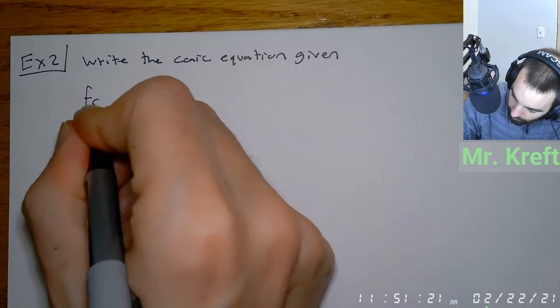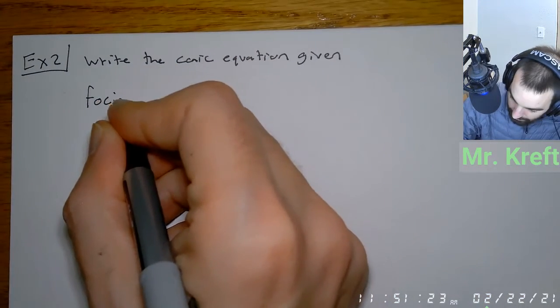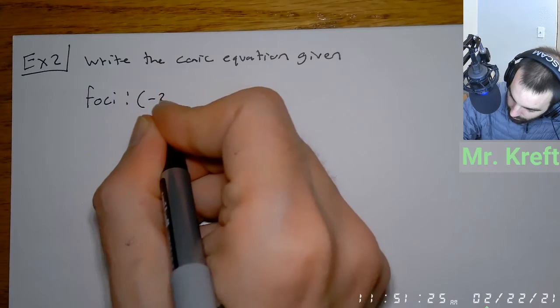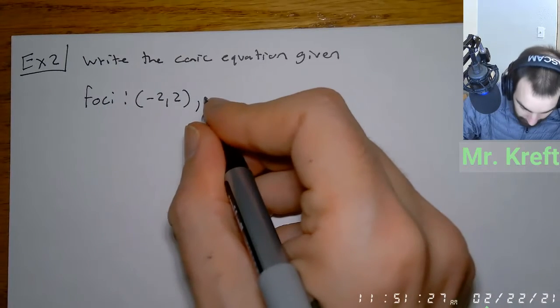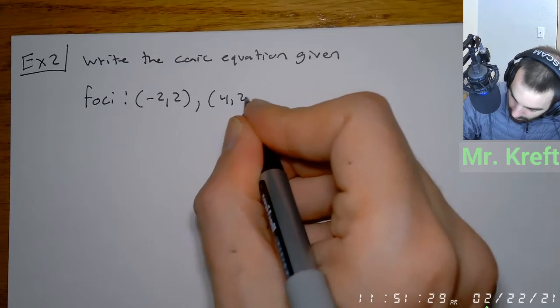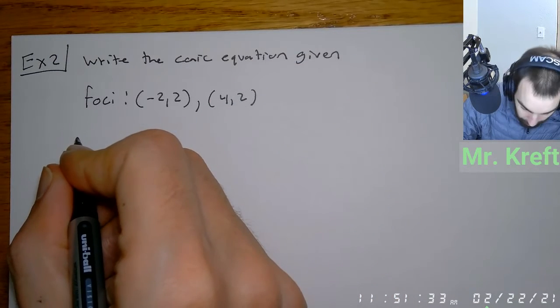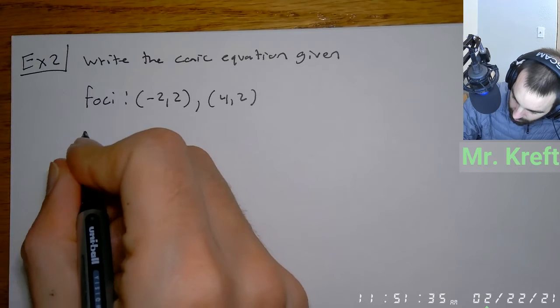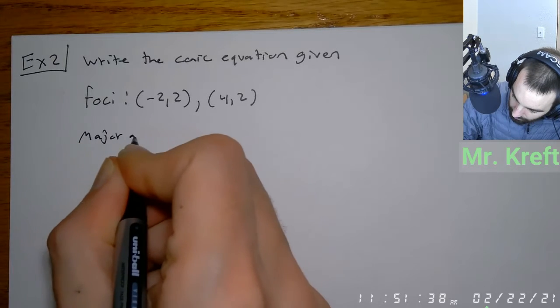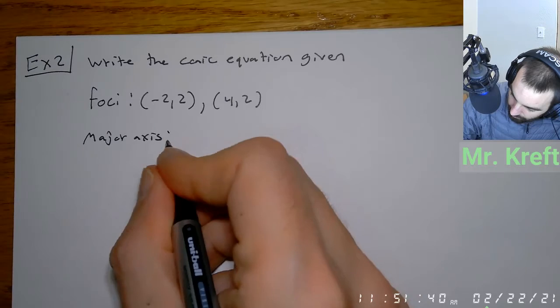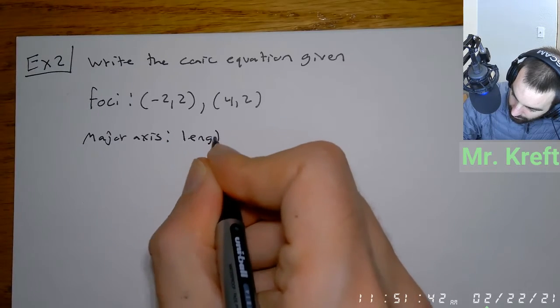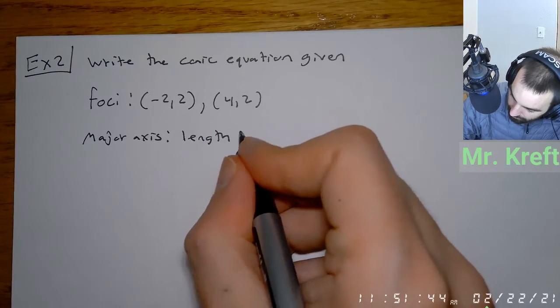So, let's say your foci are at -2, 2 and 4, 2. And your major axis has length 10.